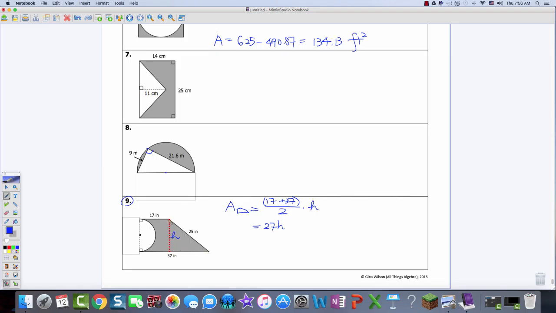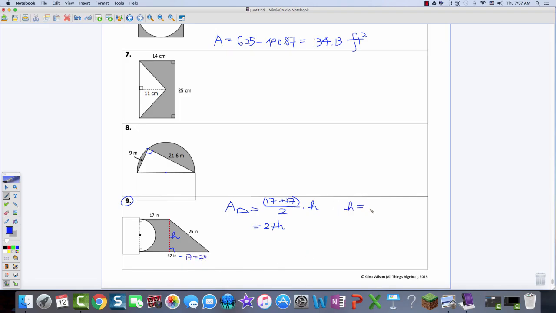So some people assume that this is just 17 because this looks like a square. You cannot make that assumption. You have to calculate it. So notice that if I have my height, I have my right triangle, I have my hypotenuse, I don't have this, but this part is 37 minus 17 should give me 20, right?